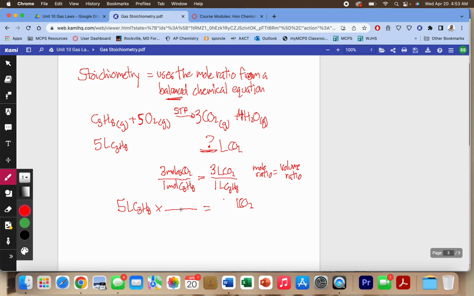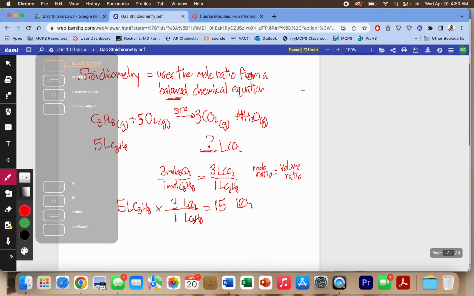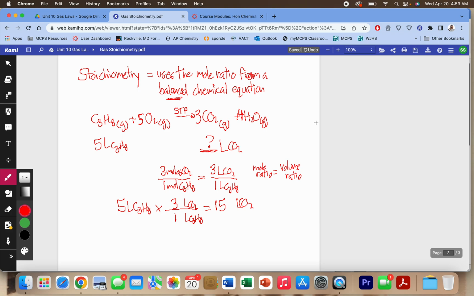I'm trying to cancel liters of C3H8, and I need liters of CO2. I'll simply use that ratio from the balanced chemical equation, 3/1. And that would give me 15 liters of CO2. And so it's very, very easy stoichiometry, because the volume ratio is the same as the mole ratio.